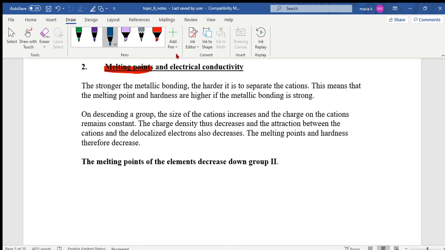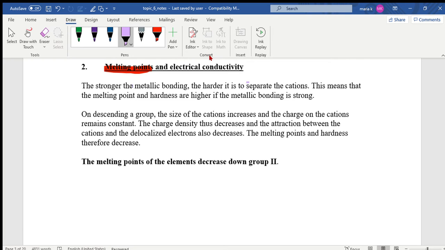However, to go specific to group 2, and metallic bonding, as you go down, these valence electrons that are in that delocalized pool are less strongly attracted to that nucleus, and so they will be less strongly held together in that sense, and so that metallic bonding is less strong. So yeah, that's just something to think about.